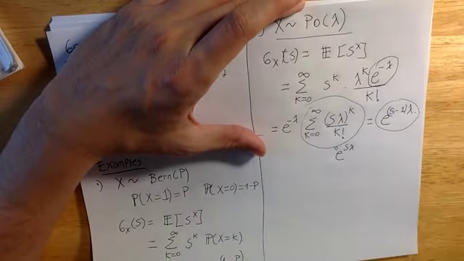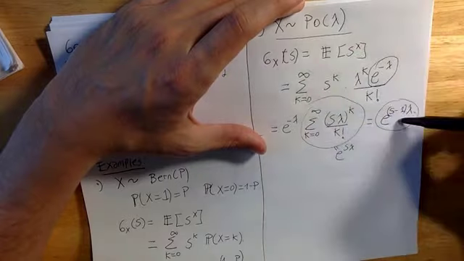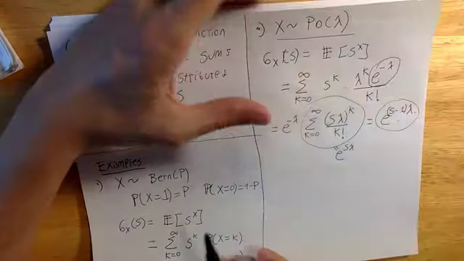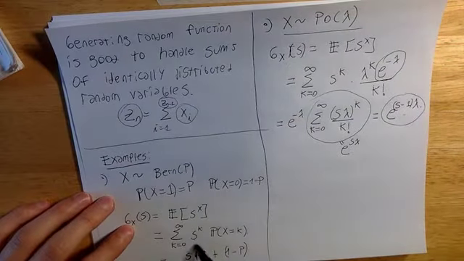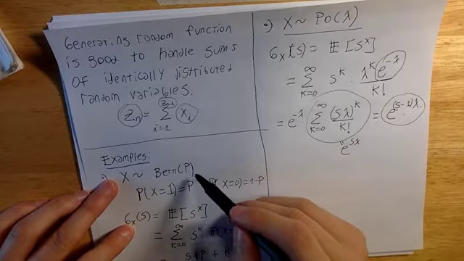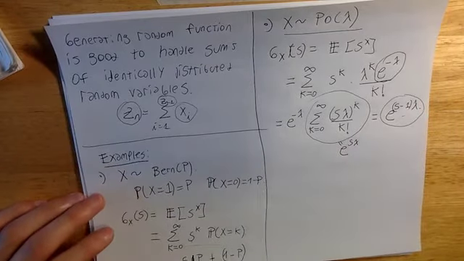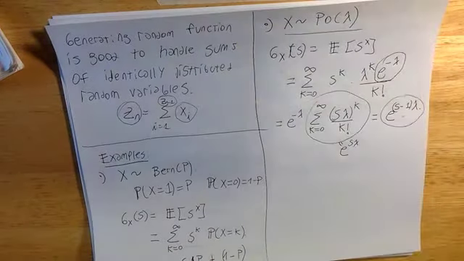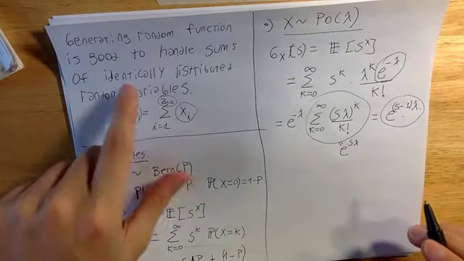Sometimes knowing what the generating function looks like tells us the distribution of the particular X. So if we have a generating function that looks like this, then we know that the original random variable was Bernoulli with parameter p. This is a roundabout way to sometimes guess the distribution of a random variable, if it is given by sums or by different things for which we can actually guess the generating function.